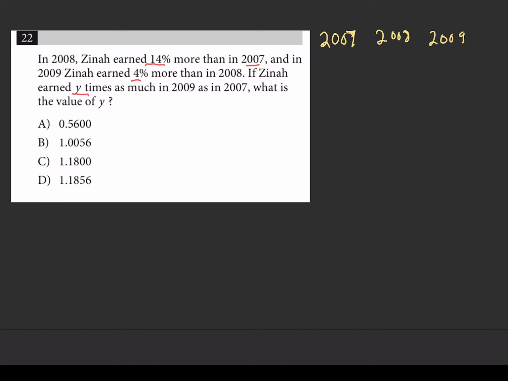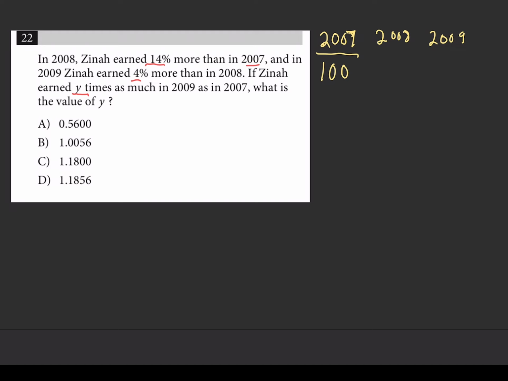Okay, there's no given amount. It doesn't say that Zyna started with 348. It doesn't say that Zyna ended up with 6,418. There's no actual number. There's just percents. So what you want to do here is pretend that the amount earned in 2007, let's say we call that $100. I don't need to put the dollars, I'll just put 100.